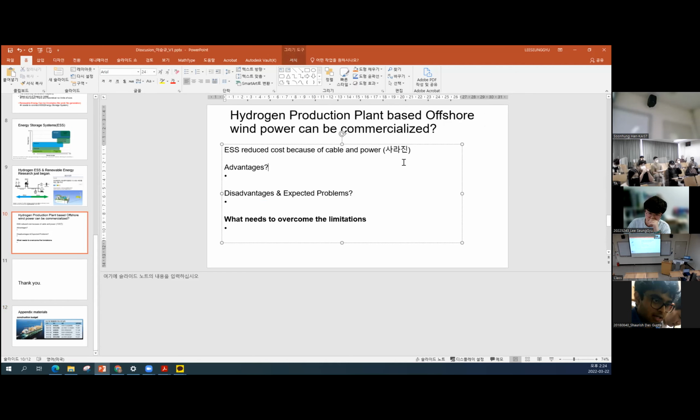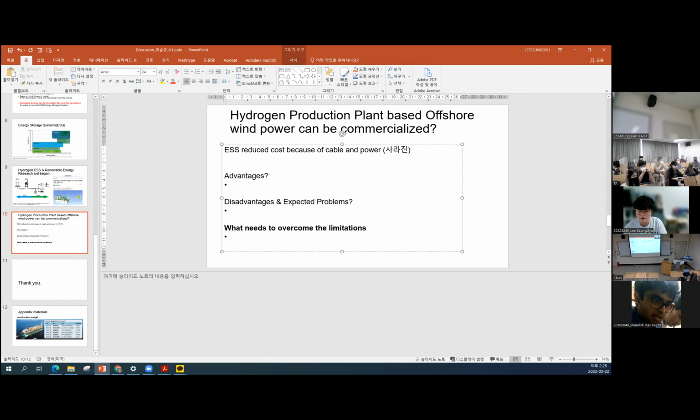Well, based on the cost itself, I don't think it can be commercialized easily, but you can consider other advantages or disadvantages, like having more turbines, or a greater power generation from the turbines.